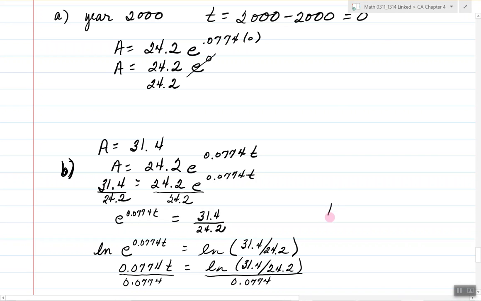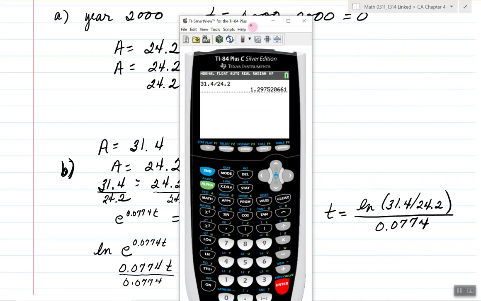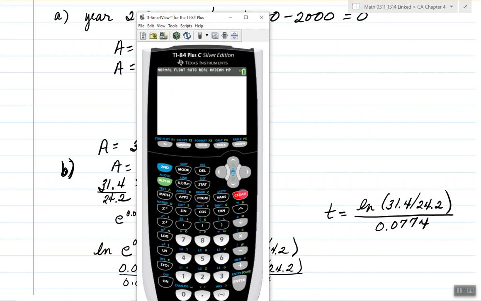And I have t is this crazy looking answer, ln of 31.4 divided by 24.2 all over 0.0774. What in the world is that equal to? And then I'm going to show you a calculator way to do it.